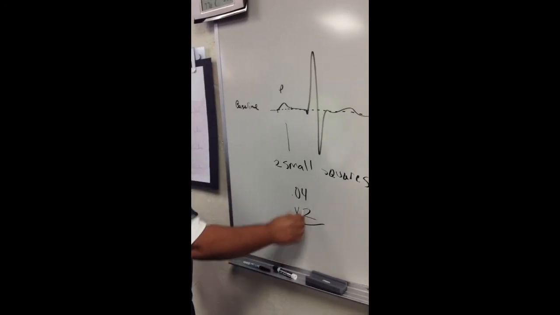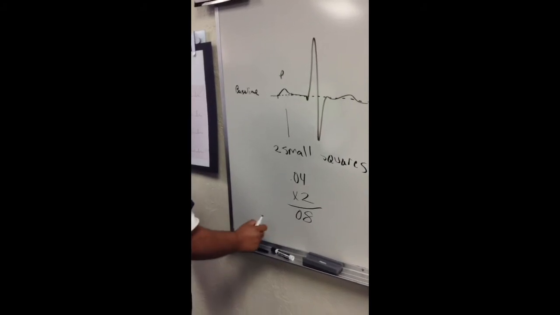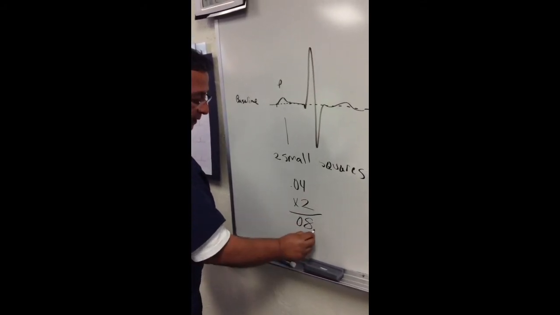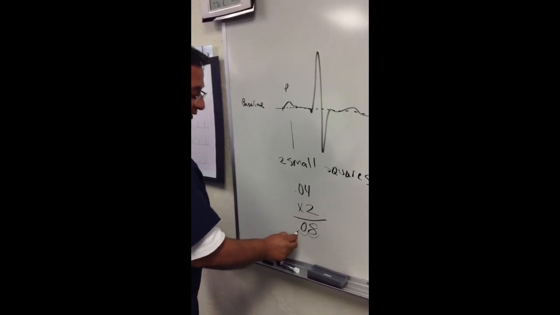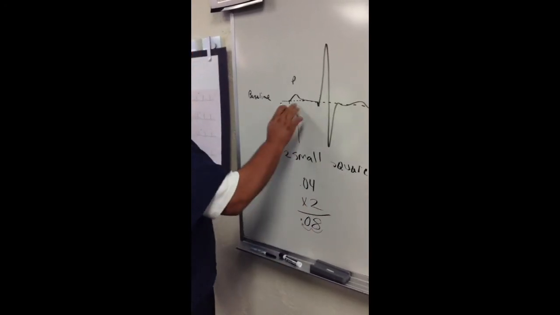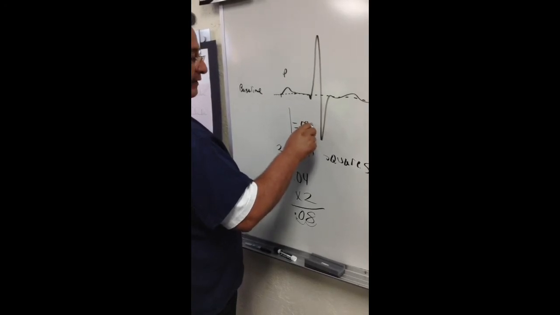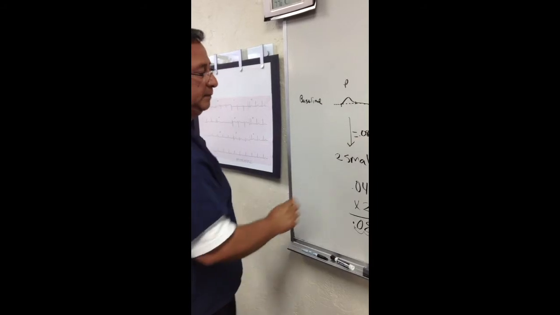So we'll just do the math. 2 times 4 is 8. 2 times 0 is 0. So we have 0.8. We have to bring our decimal point over 2 places to the left. And so we put our decimal point there. And so the P wave equals 0.08 seconds. Okay? So that's how you measure that. It's real simple. 0.08 seconds, because there were two small squares. That's how you measure your P wave.